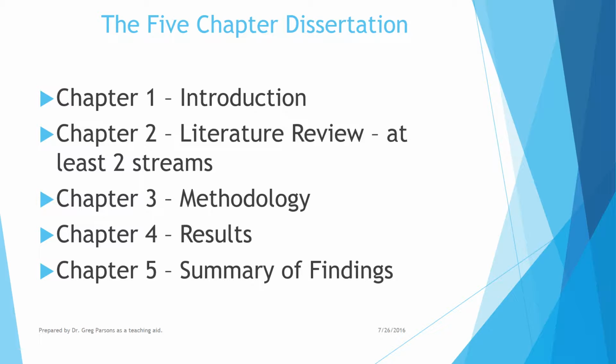And then you'll be describing the results, how the tests of your methodology came out, and then finally summarizing the findings. Now this is pretty standard for dissertations and different types of programs. Some schools use a 6-chapter or a 7-chapter, but 5-chapter introduces the main concepts.